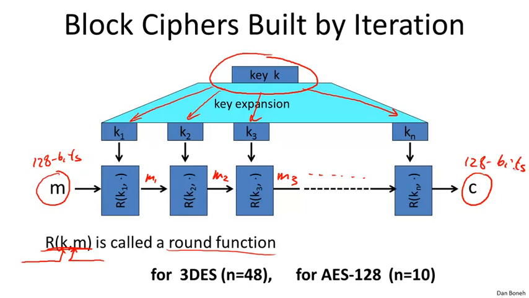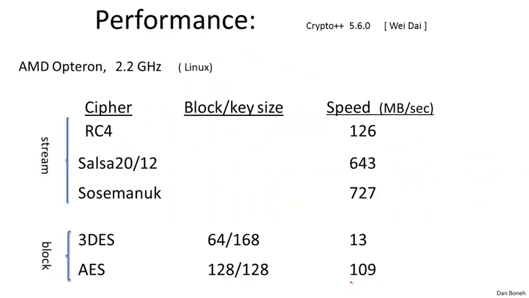Now, different ciphers have different numbers of rounds, and they have different round functions. For example, for triple DES, the number of rounds is 48, and we're going to see exactly how the round function for triple DES works. For AES, the number of rounds is only 10, and again, we're going to look at how the round functions for AES work in just a minute. Before we do that, I just wanted to mention performance numbers.